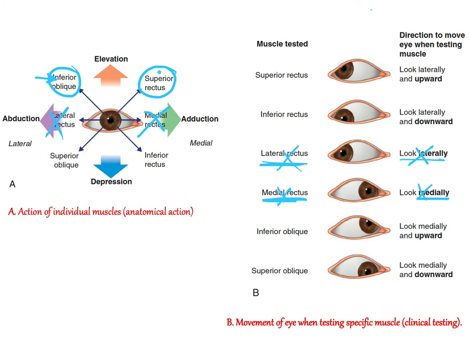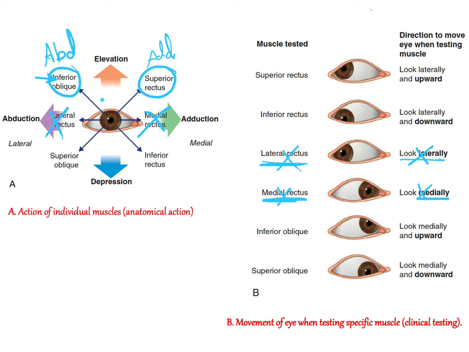But the superior rectus alone elevates and adducts. But inferior oblique alone elevates the eyeball and abducts the eye, that means moves it laterally, right? But both together they elevate the eye in the middle, right?